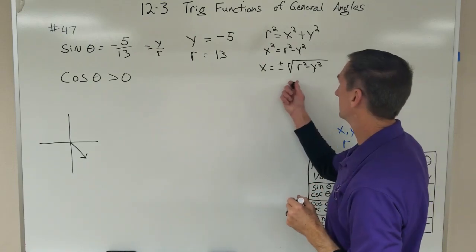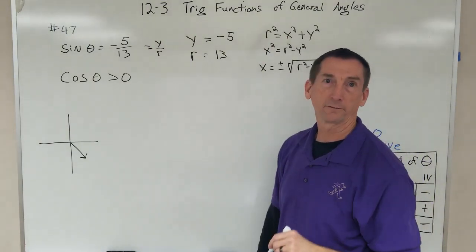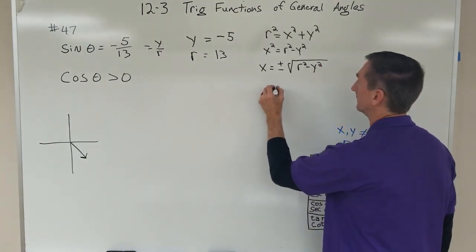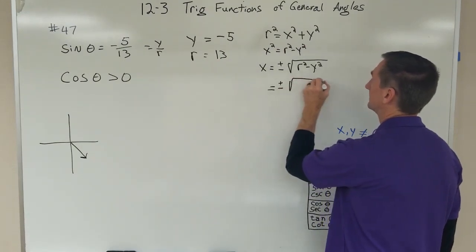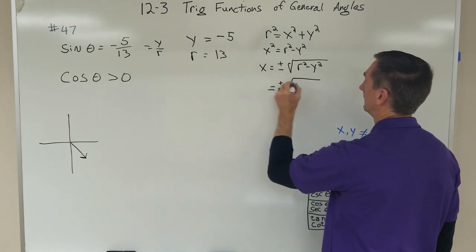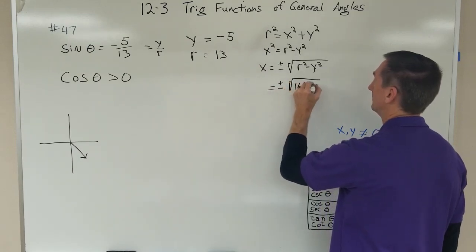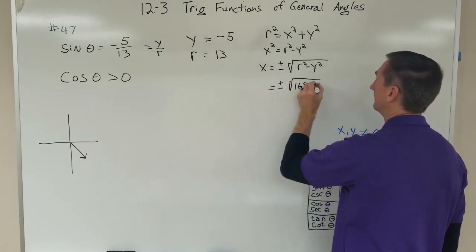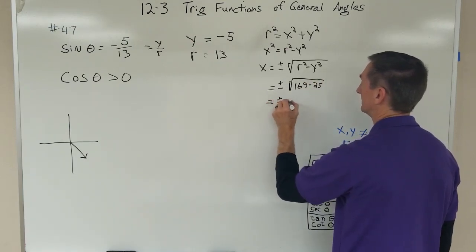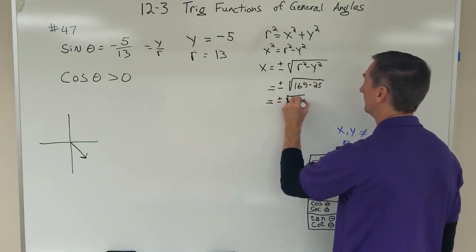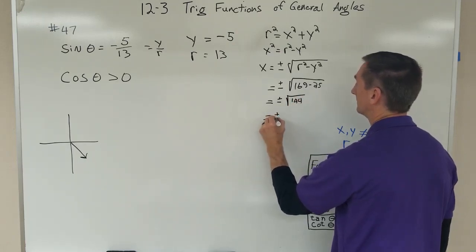So all I have to do is plug in r and y. We have plus or minus the square root of 169 minus 25, which is plus or minus the square root of 144, which we know to be plus or minus 12.